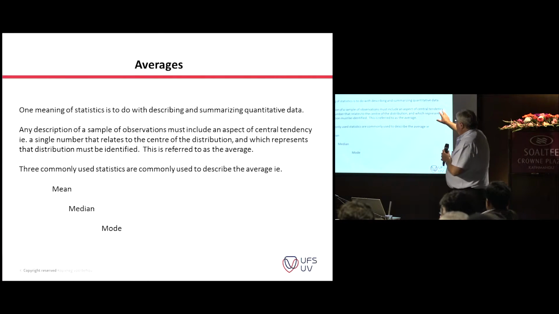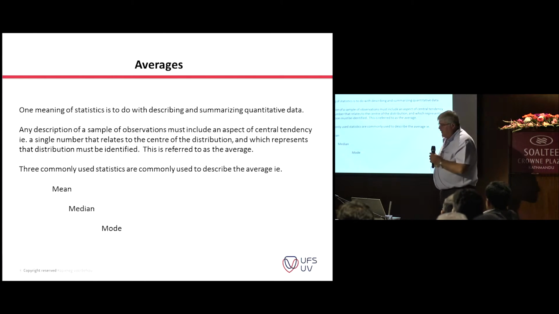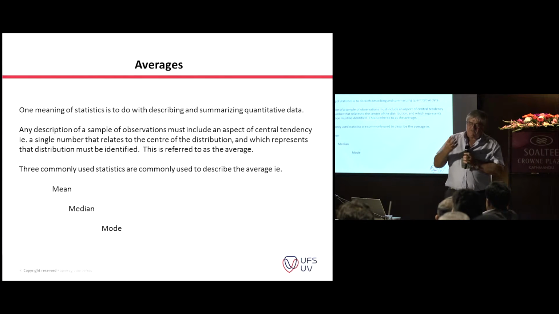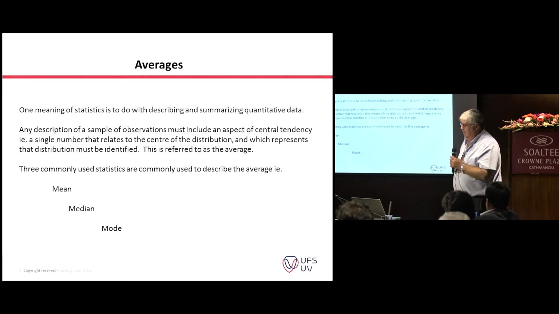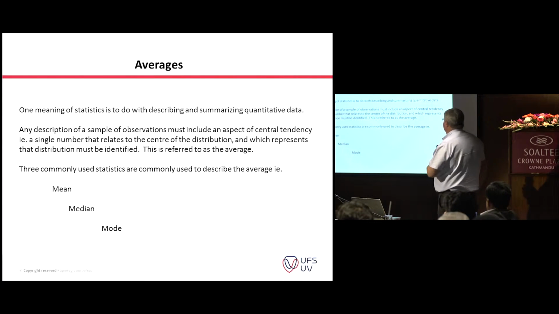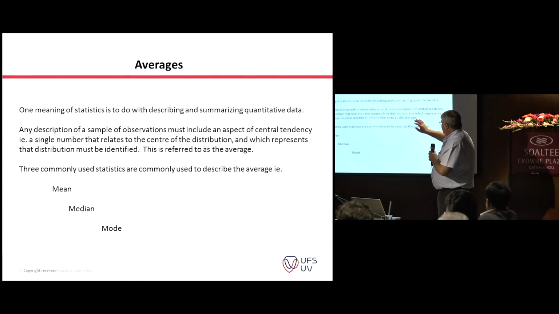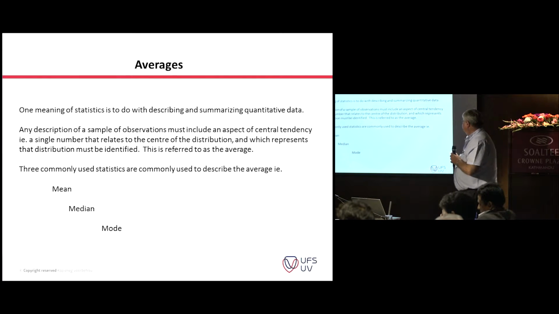Okay, so what we then want to do is start expressing that graph in some kind of numerical way. So we want the sample of observations to include an aspect of central tendency, as we like to call it, and it becomes a single number that relates to the center of the distribution.